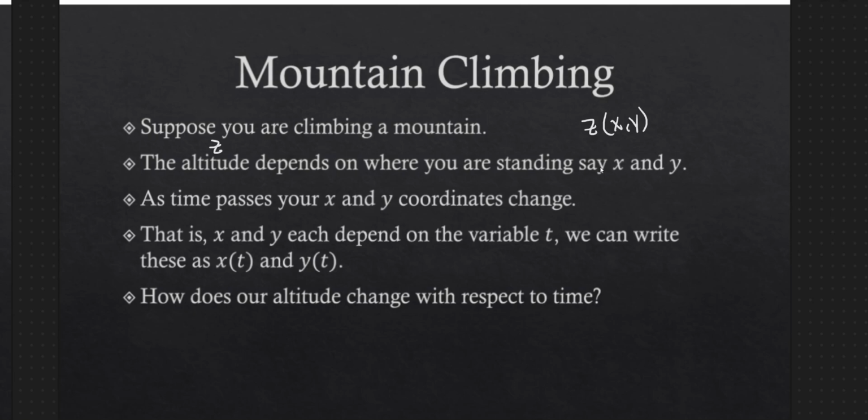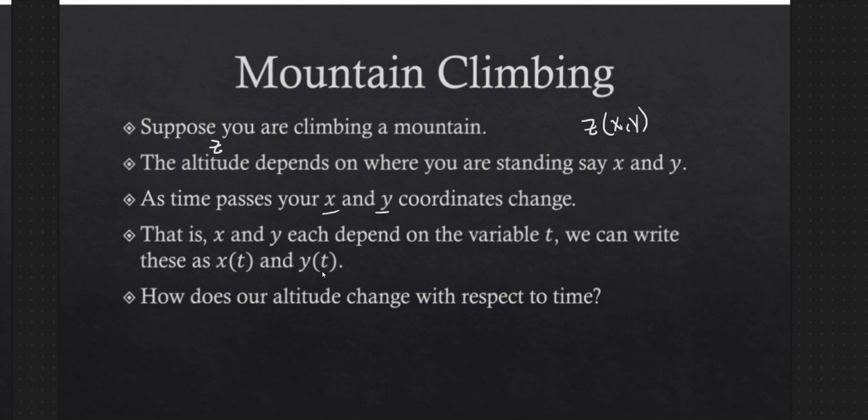But we're climbing this mountain over time. So what that means is my x and y coordinates are changing with respect to a single variable t. So x and y are each functions of a single variable t. So we have x of t, y of t. So now z, our function of two variables, depends on x and y, which each depend on time.